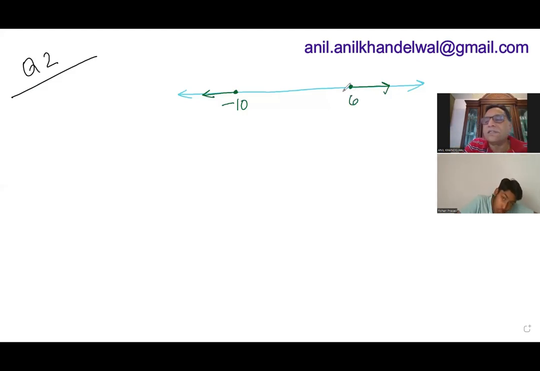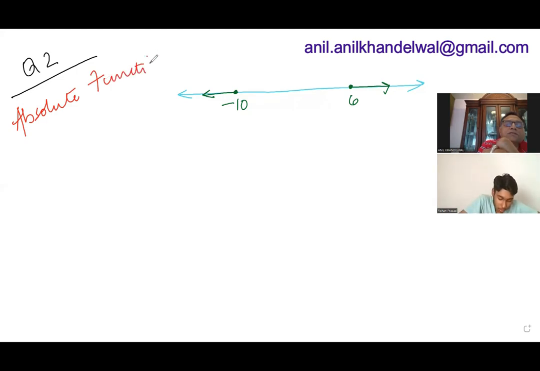Can you write this as an absolute value inequality? Tell me how. We know that x is between negative 10 and 6, right? So by solving for the midpoint, negative 10 plus 6 over 2, it would just be negative 2.